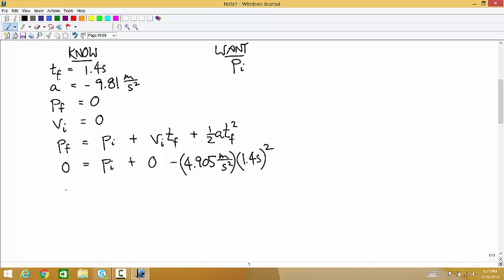And if you solve for PI, you get PI is equal to positive 9.6, I think it was 9.61 meters. Any questions about that one?